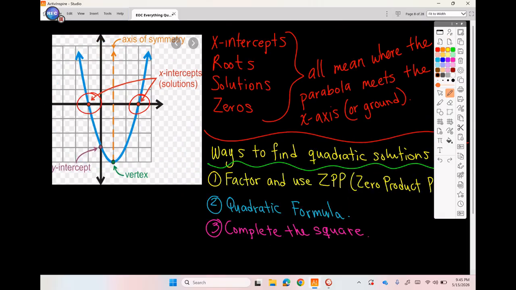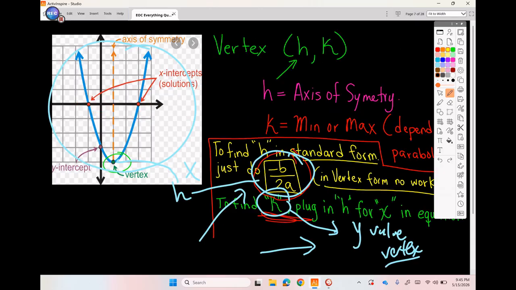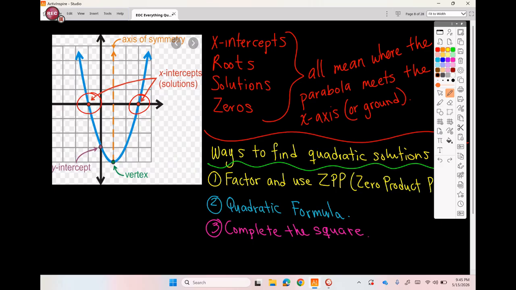All right, let's keep it moving here. This is another important page. The last two, vertex and intercepts, x-intercepts are the most important. So x-intercept, first of all, is on a graph because there's no context to it. Same thing as solutions, really. But roots and zeros sound kind of funny, right? Zeros I kind of explained.